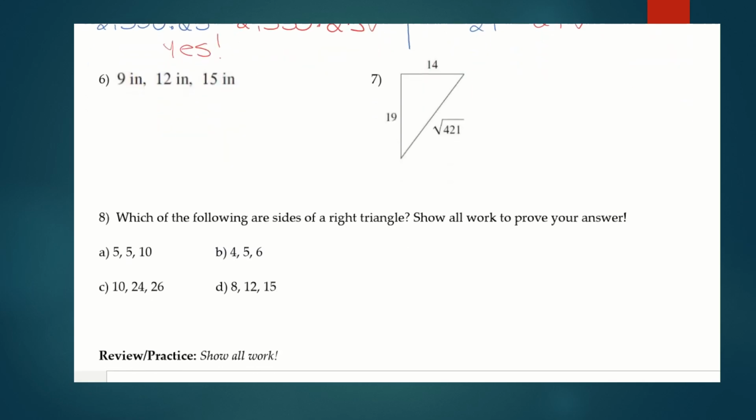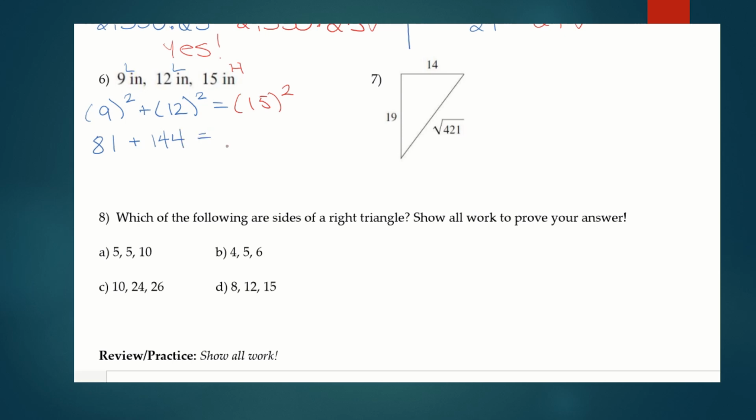Looking at number 6, 9 inches, 12 inches, 15 inches. If these are the lengths of the sides of a triangle, is our triangle a right triangle? Well, let's check it out. This guy is a leg, this guy is a leg, and here's our hypotenuse because our hypotenuse is the longest side. 9 squared plus 12 squared equals 15 squared. 9 squared is 81. 12 squared is 12 times 12, which is 144.